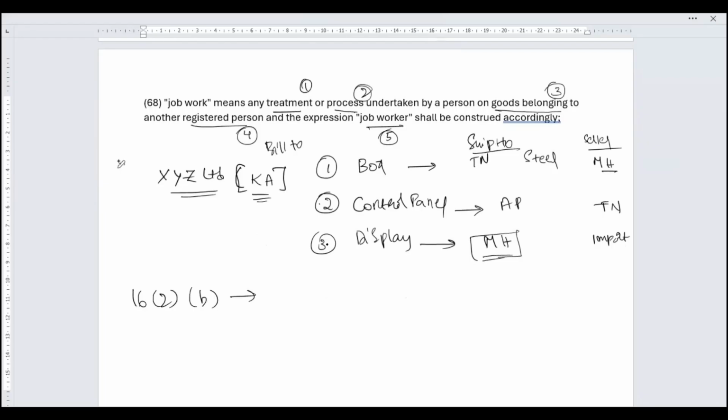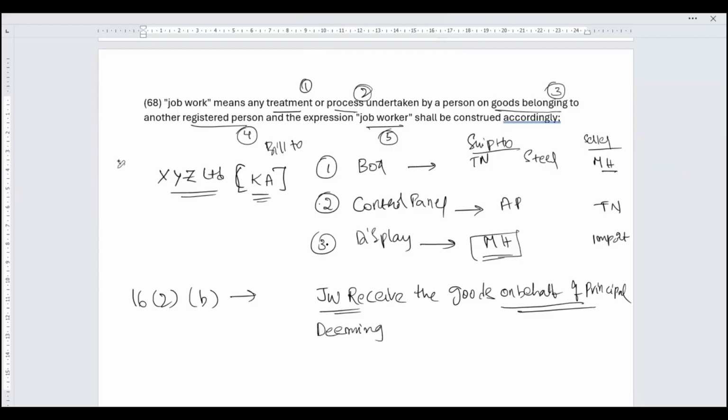Now, they say that since the job worker received the goods on behalf of the principal, the day the job worker received the goods, it is a deeming fiction. Deeming fiction that the goods are received by the principal manufacturer.